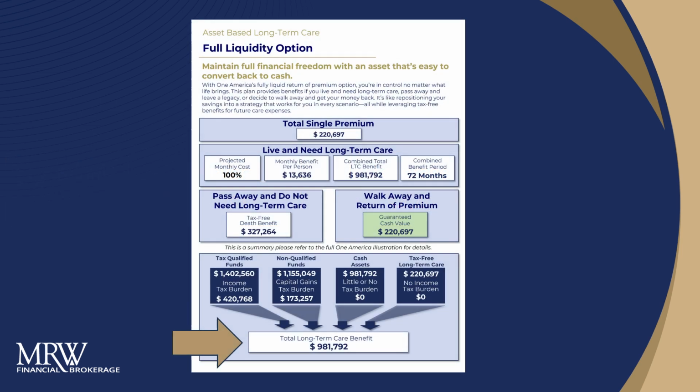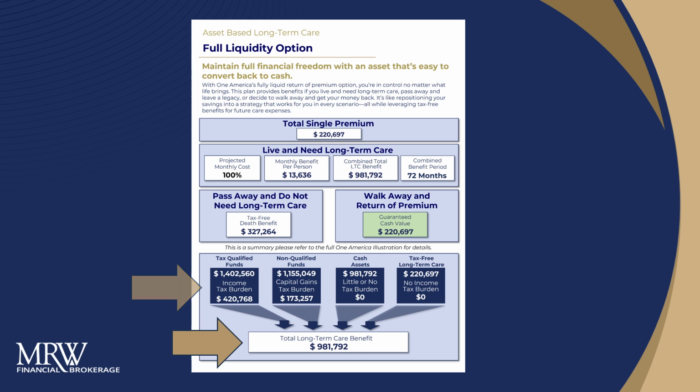Now let's look at this for the tax qualified plans. On the tax qualified plans, if we wanted to withdraw $981,792 to pay for long-term care, we'd actually have to liquidate $1,402,560, pay taxes on $420,000 to end up with $981,000.